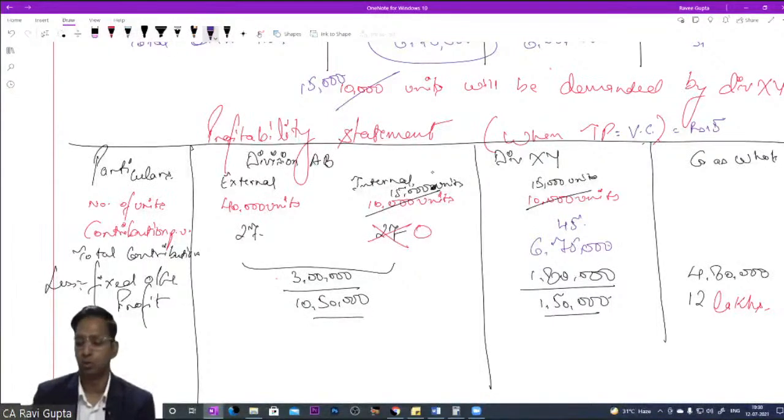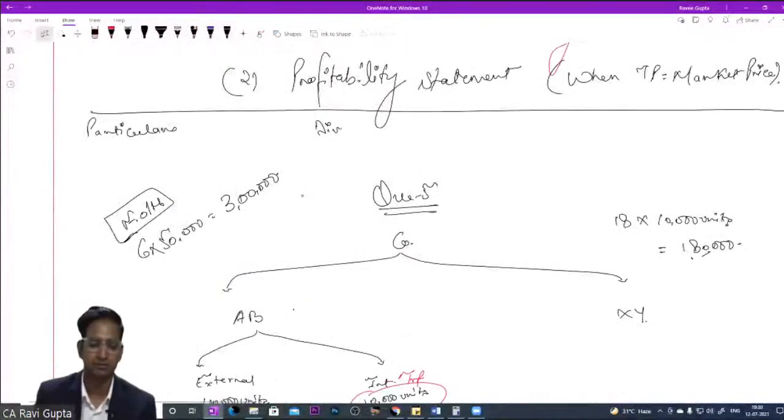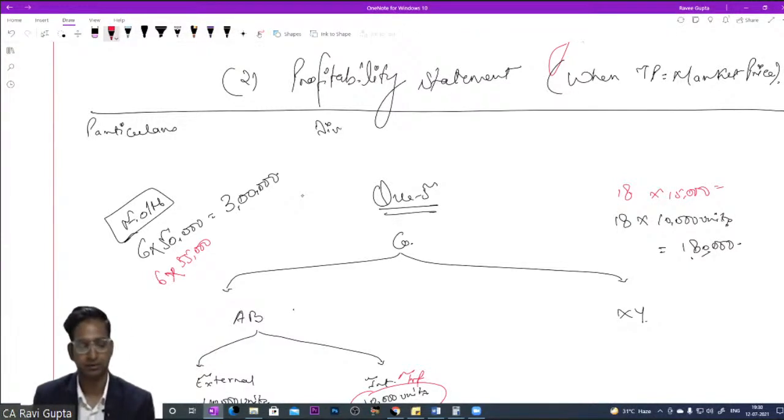Will we have to consider this as 55,000 into 6, and 15,000 into 18? Good, Shafana. Because fixed cost is not going to change.